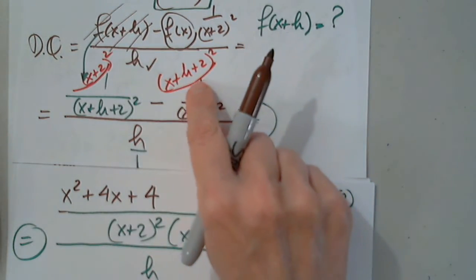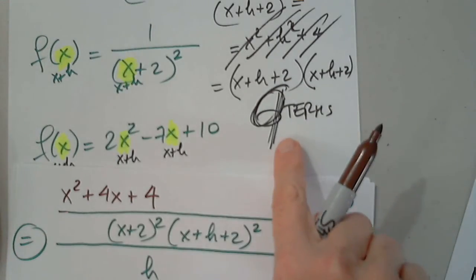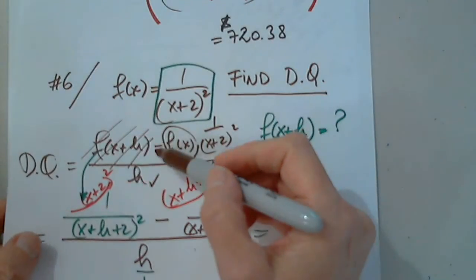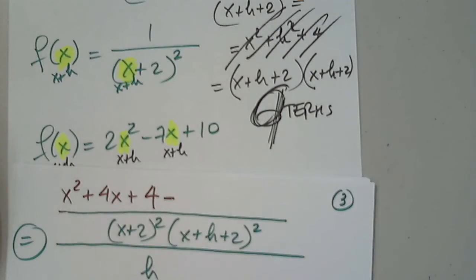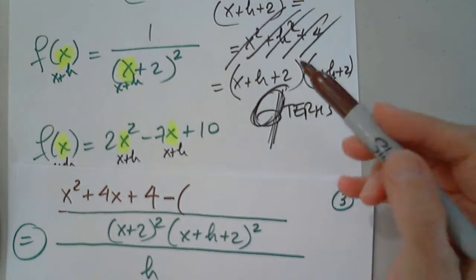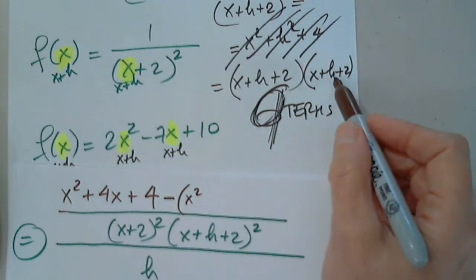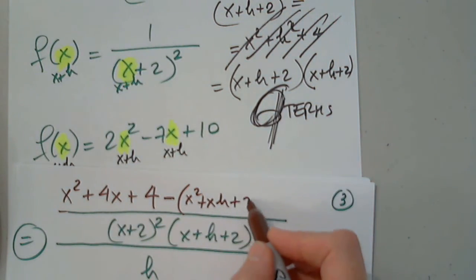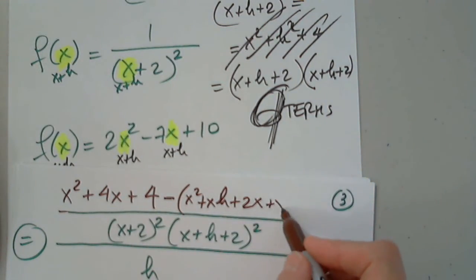Now, this one is difficult because remember, I have to get those 9 terms. So I'm going to put the minus in front because there is a minus right here, and then square this. Open a parenthesis and then multiply. x times x, x squared. x times h, xh. x times 2, 2x. h times x, xh.